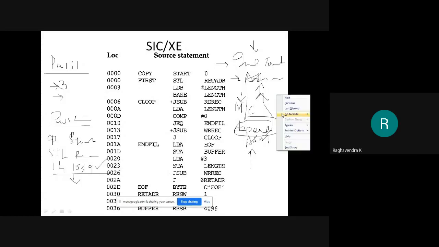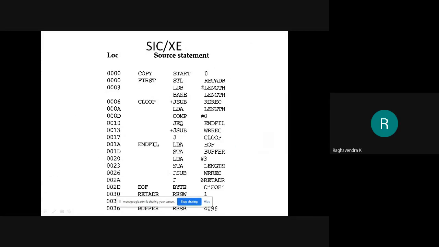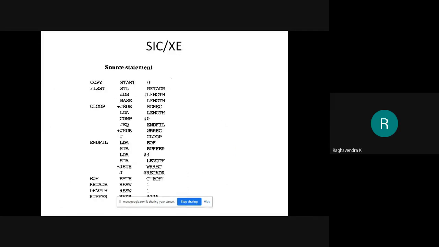Now let us look into the assembly process, right? As I already mentioned, the first part of the process is, as usual, pass one, where we are supposed to assign the address. But when you are assigning the address, you are supposed to look into the following things. One thing is which format the instruction is: whether it's a format 1 instruction, format 2, format 3 or format 4. Because we know that the instruction size varies, right?